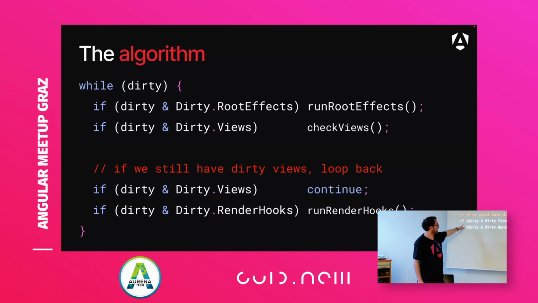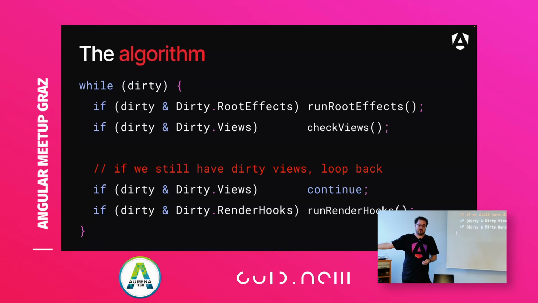We have this early exit here, or early loop back, I guess, that says, hey, if there are still dirty views, continue. Why that? Well, it turns out inside of a lifecycle hook or something in a component, you can make more state changes. And as a result of making more state changes, you can make something that previously got checked need to be checked again. And there are some ways of doing this that are going to produce your expression changed after checked error.